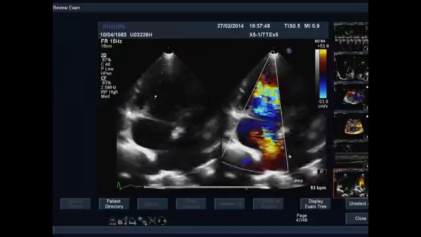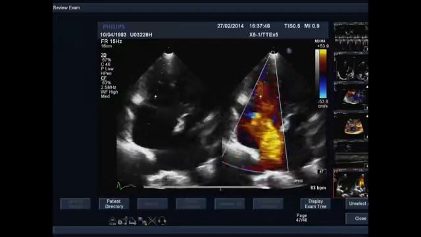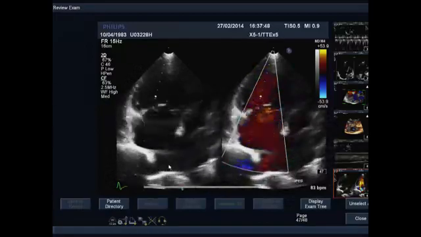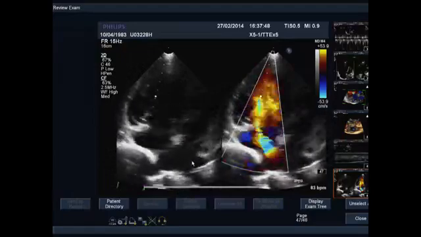You can put the color on and see this defect very well. By the way, you can also have a look at the pulmonary vein, and see that this pulmonary vein is arriving well in the left atrium.